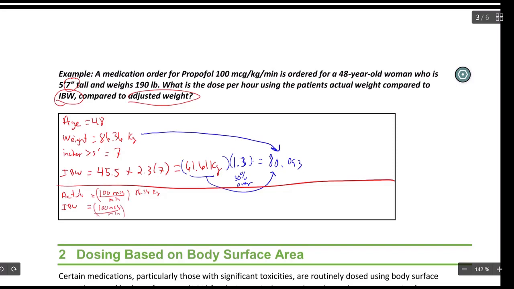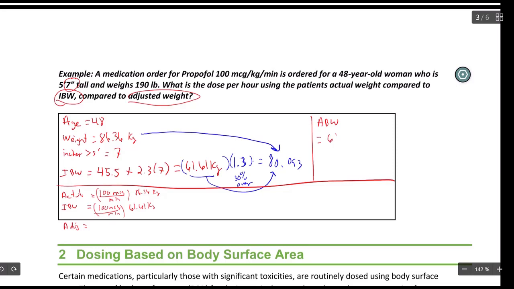And then their adjusted body weight, which we can do over here. Sorry, adjusted body weight. We're going to take their ideal, which is 61.61 kilograms.